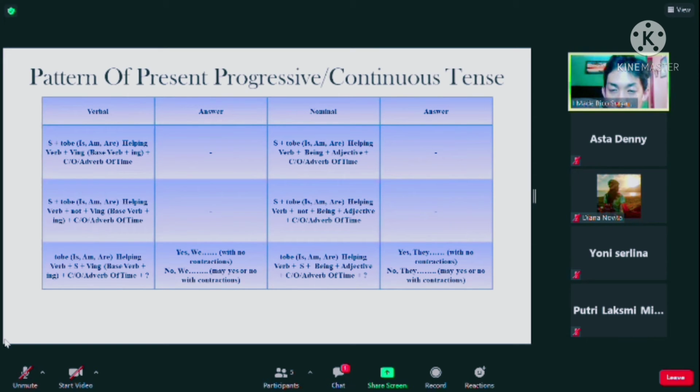So the example will be like this: I'm being stupid. I'm being stupid these days. I am not being stupid these days. Am I being stupid these days? Yes, I am. No, I'm not. Okay. So that's the whole review of the pattern of present progressive or continuous tense.